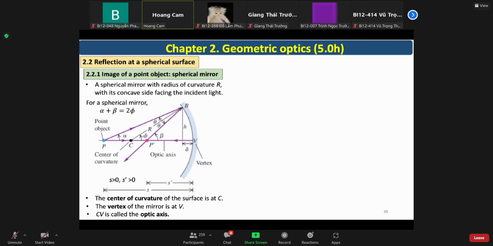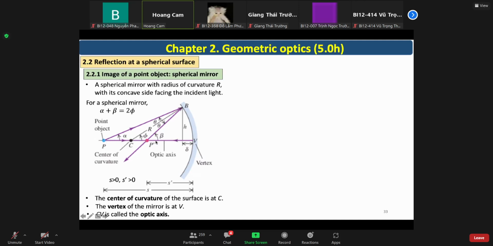So here we will use one special ray, PC. The first incident ray passes through the center of curvature and the vertex.